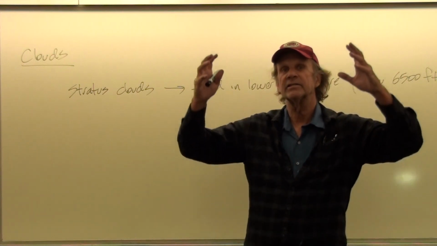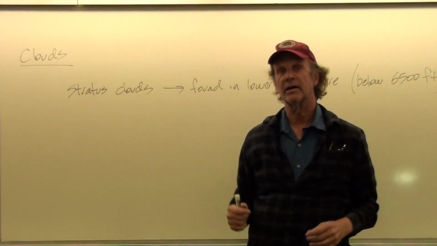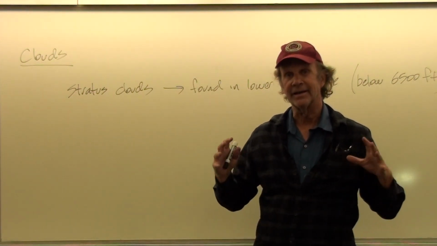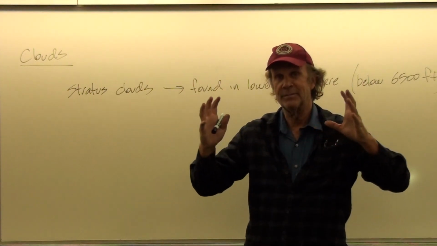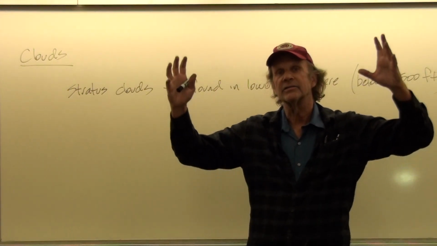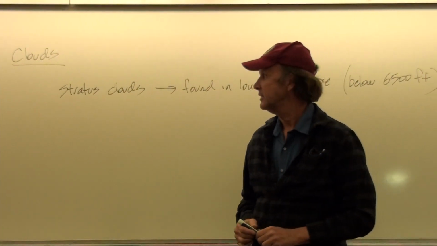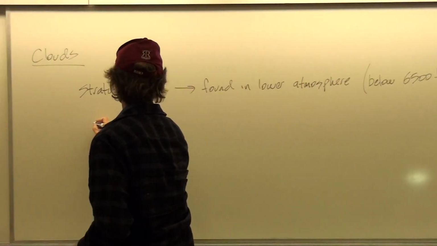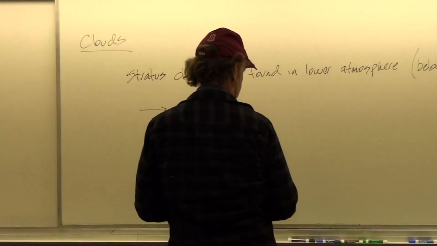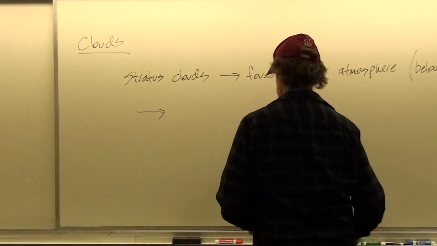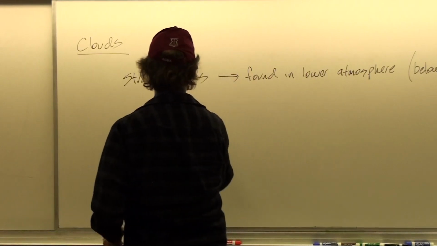And more buoyant things tend to float, and things that are heavier tend to sink. And so when you heat something up, it can become more buoyant, it can start to rise, and so we get the fog lifting. And so essentially we can think of stratus then as being a lot like a higher level fog.